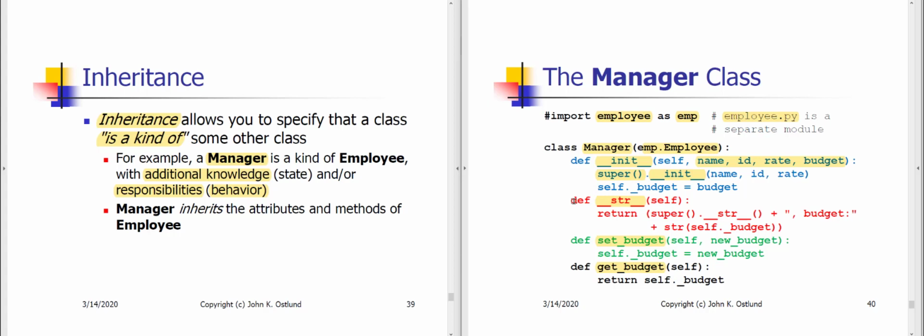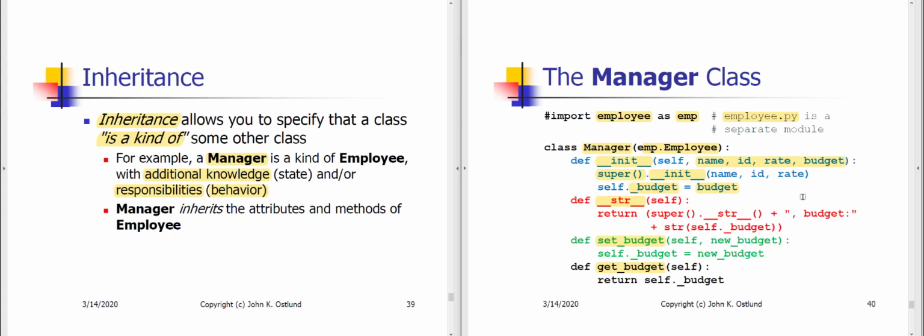So we're going to invoke the superclass's init function to keep track of the name, the ID, and the rate for this manager object. And at the manager level, all we then need to do is to keep track of the underscore budget additional data attribute and assign the argument value passed in to that underscore budget variable.